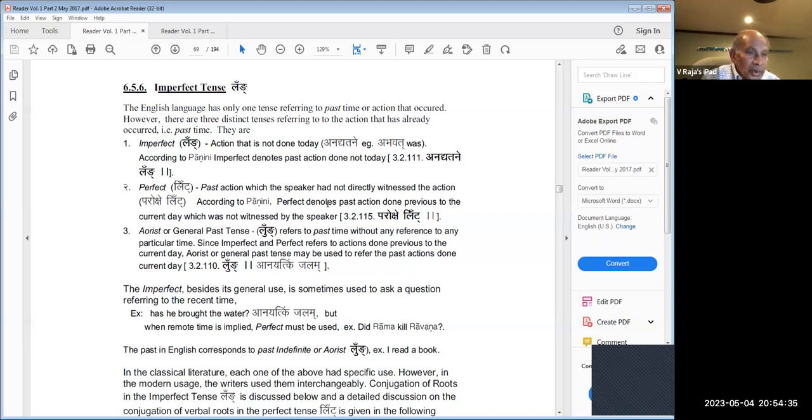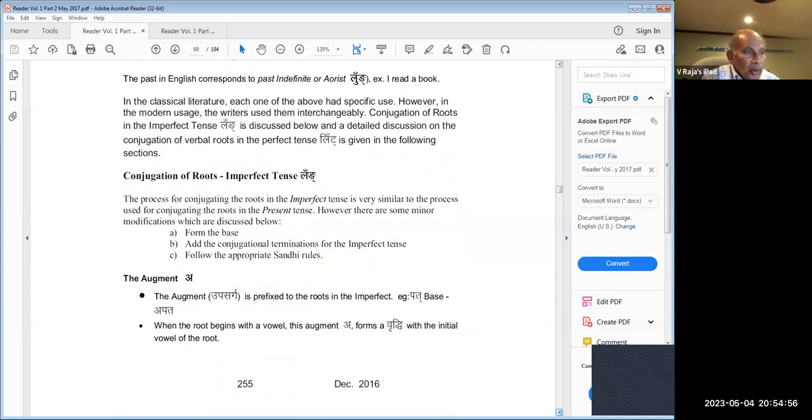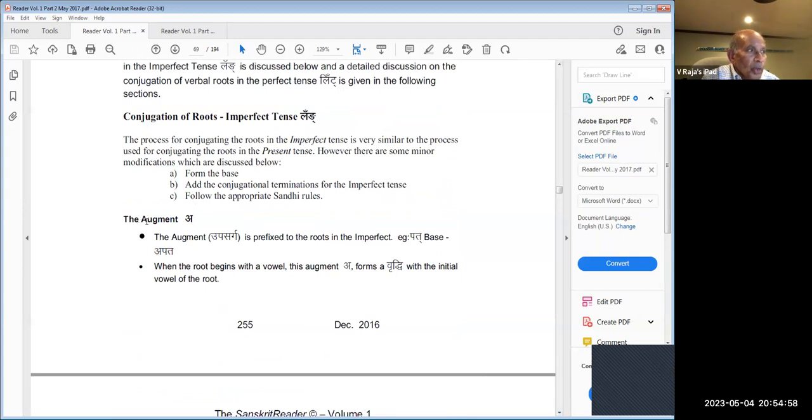And these distinctions, modern people don't follow that much now. And so getting a verbal form is very simple, the usual thing. From the base, add the particular pratyaya, follow the sandhi rules. Except there is one thing: you add a preposition a, the hraswa a.